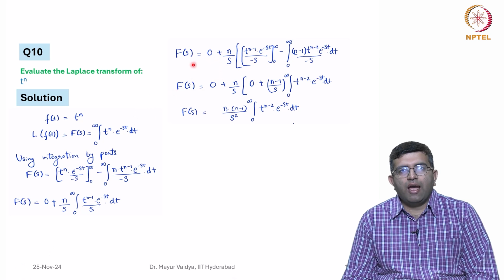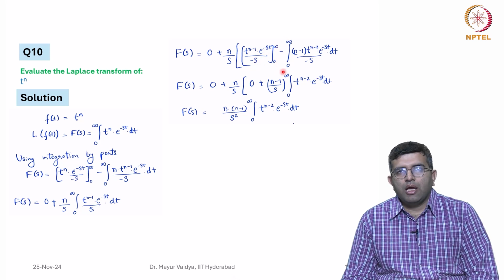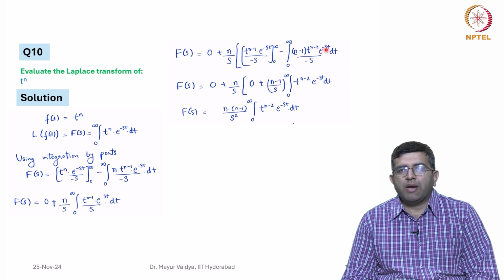What you will have is 0 plus n by s, and again if we apply integration by parts, I have t power n minus 1 multiplied by e power minus st by minus s, from 0 to infinity, minus the integral from 0 to infinity, and because it is t power n minus 1, the differential of this will be n minus 1 into t power n minus 2 multiplied by e power minus st by minus s.